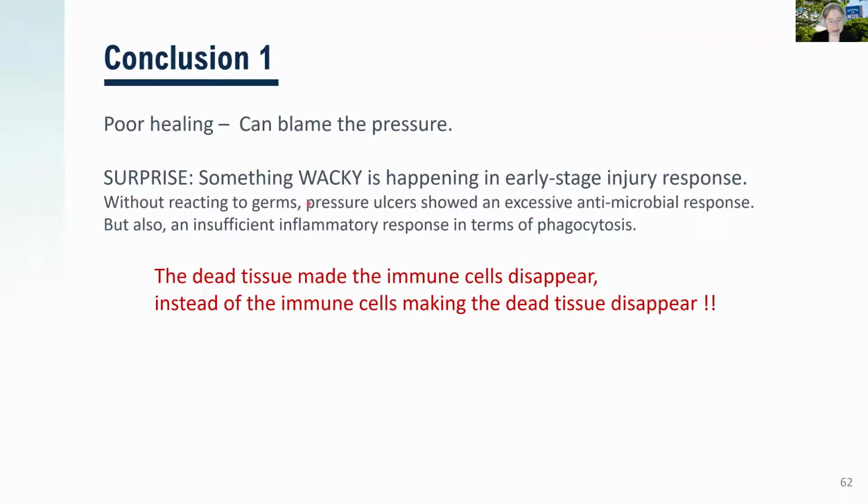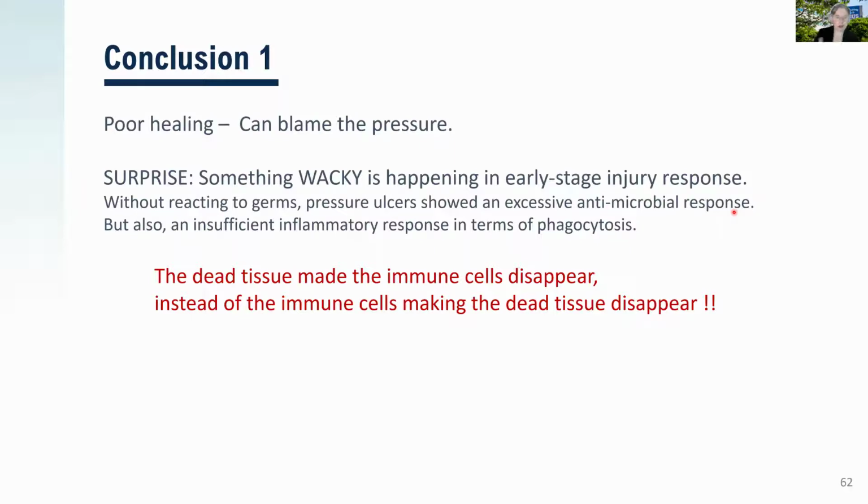We see a serendipitous discovery. I did not expect so much to be abnormal in the early stage injury response. There was an excessive antimicrobial response in the biochemistry, so excessively high levels of molecules, but excessively low levels of cells.